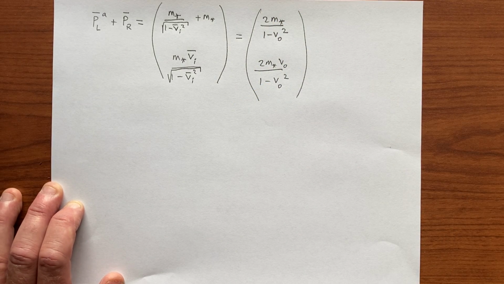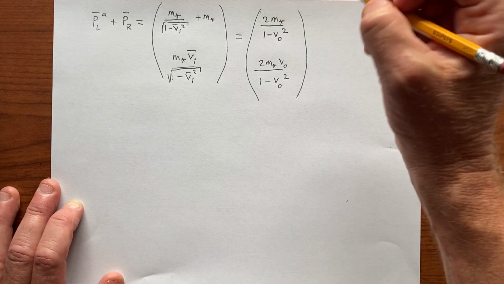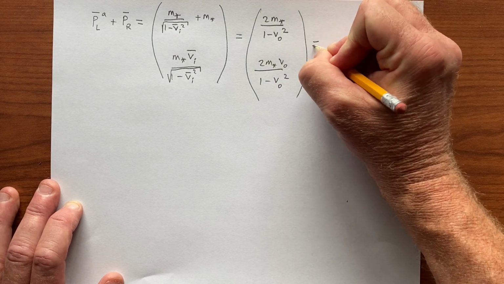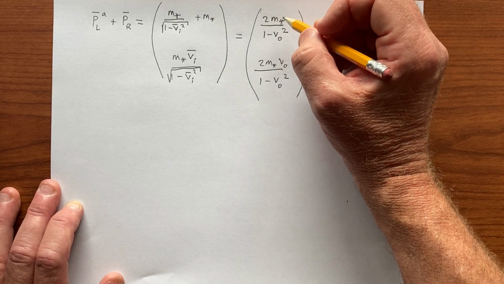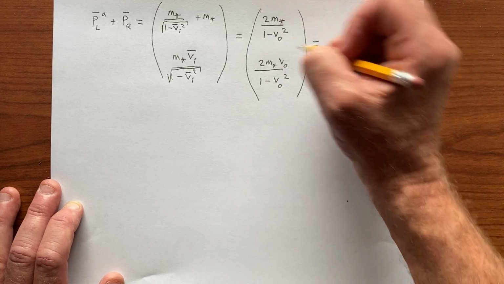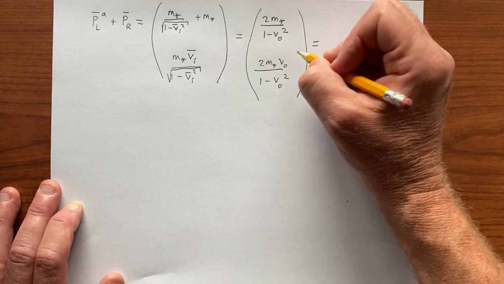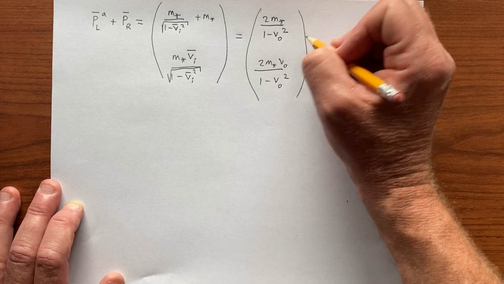And I want to argue that we could have gotten these terms by simply recognizing, and therefore showing that there's consistency here, that we want to think of this as the rest mass divided by a term that is the square root of 1 minus the speed squared.